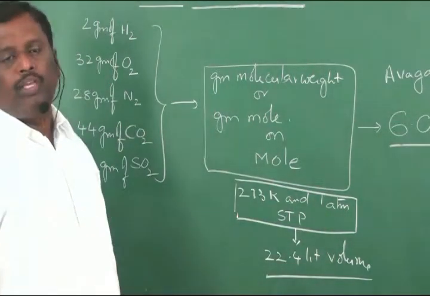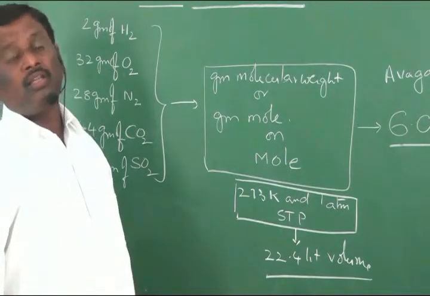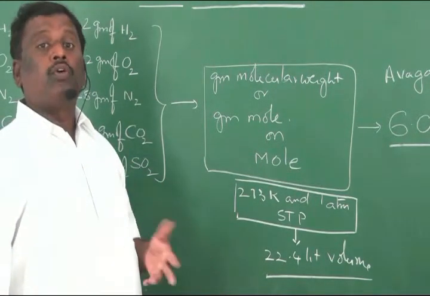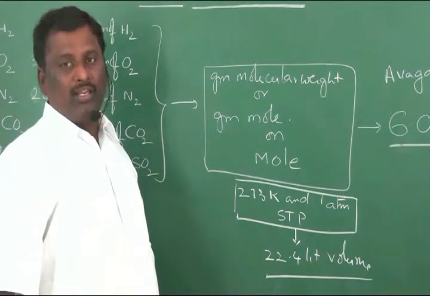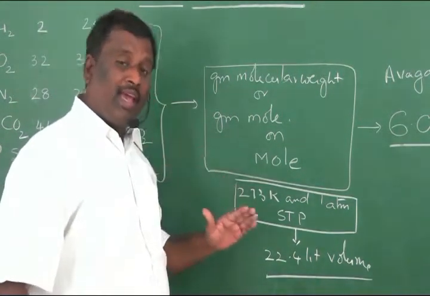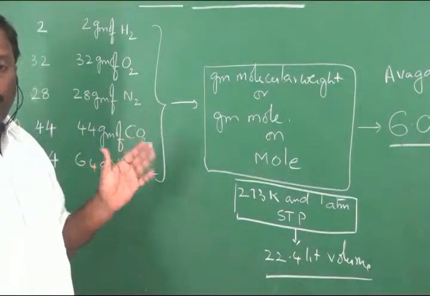This volume is said to be gram molar volume. That means the volume of 1 mole of gas is said to be gram molar volume. 1 mole of any gas at STP conditions will occupy 22.4 liters.